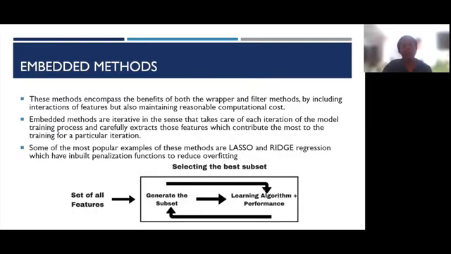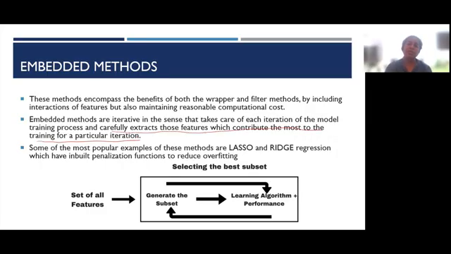Now, the embedded method. Now read this one and see. These methods encompass the benefits of both wrapper and filter methods by including interaction of features, but also maintaining reasonable cost. Embedded methods are iterative in the sense that they take care of each iteration of the model training process, carefully extracting the features that contribute most to the training for a particular iteration.